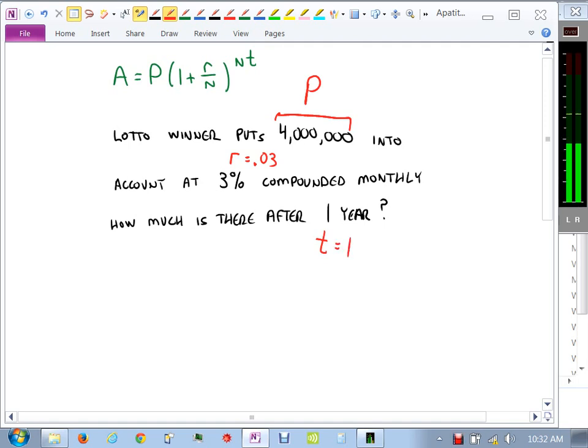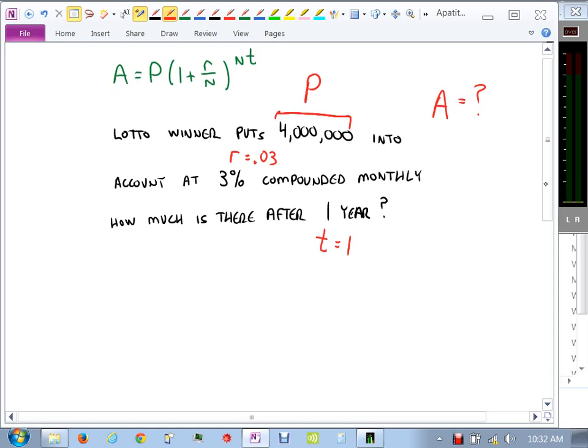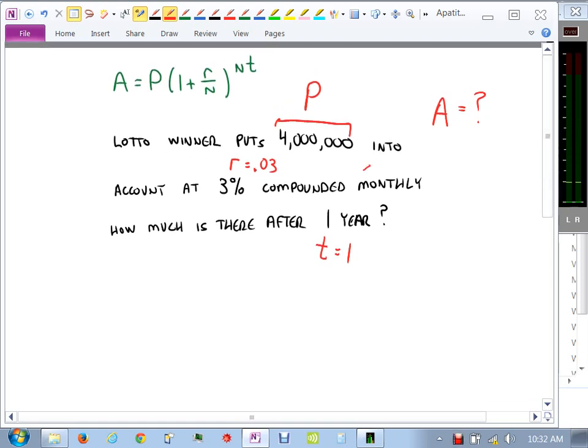See where I'm getting all that from? The amount is what we want to know, right? How much is going to be in there? That's the amount. Monthly is 12. Yes, thank you. This right here, monthly, that's my N, and it's 12. Get all that from the word problem? We're almost done, Izzy.